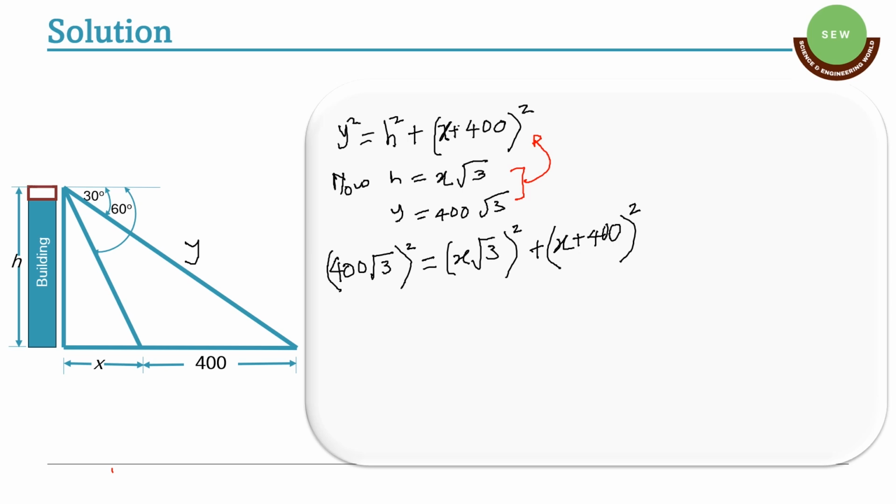In this case, 400 square root of 3 bracket will give us 400 squared multiplied by square root of 3 squared, to be equal to x squared square root of 3 squared plus, now let us expand this one this way.